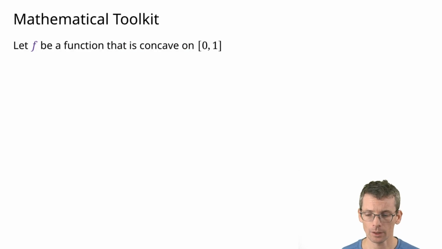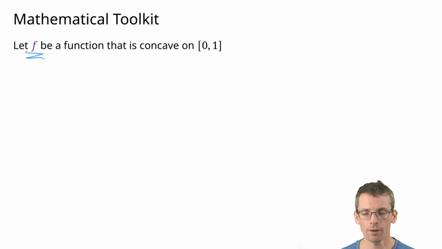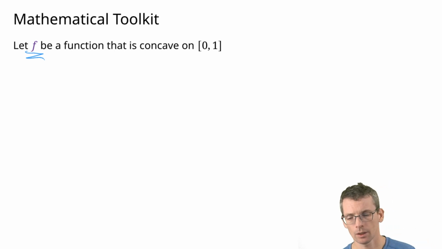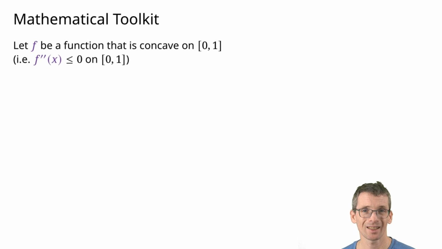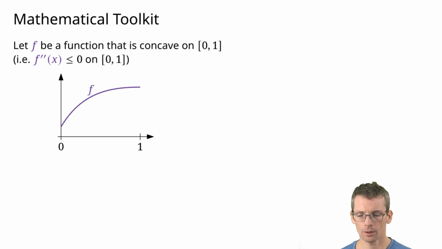So let's do this. I'm considering a concave function over [0, 1]. Concave, if it's doubly differentiable, means that the second derivative is smaller or equal to 0. Graphically, it looks like this.